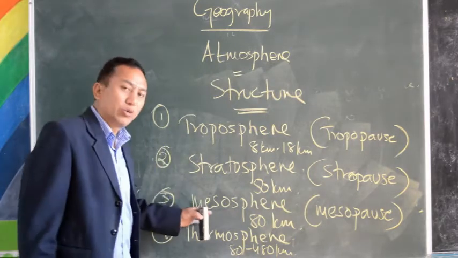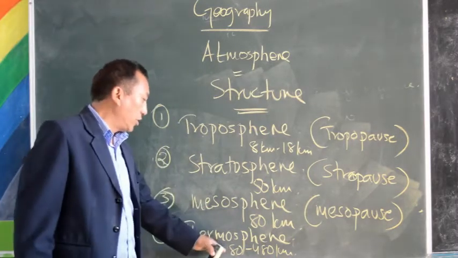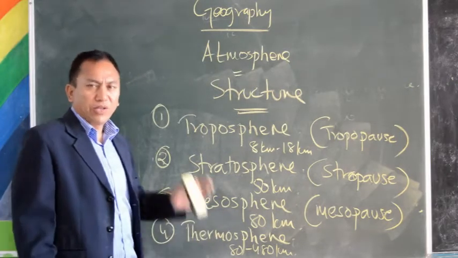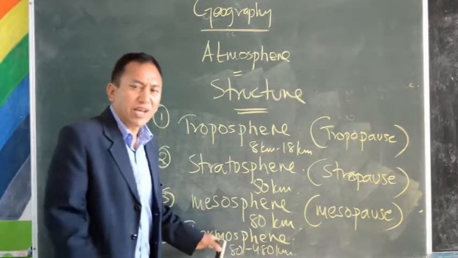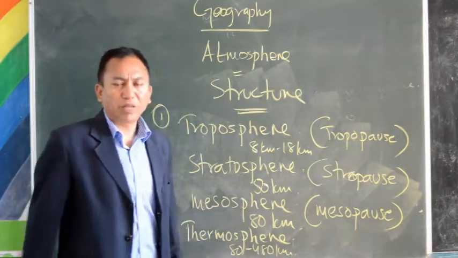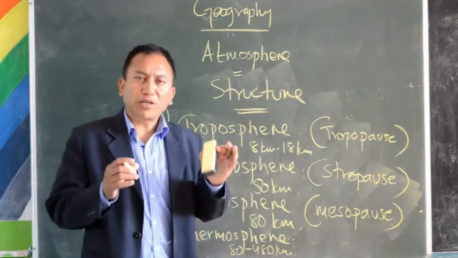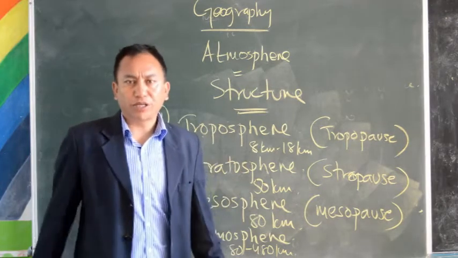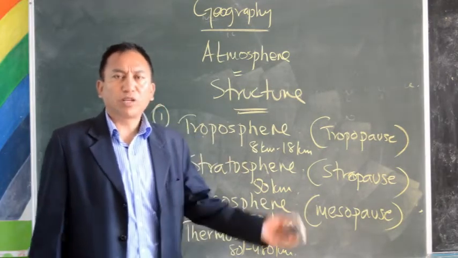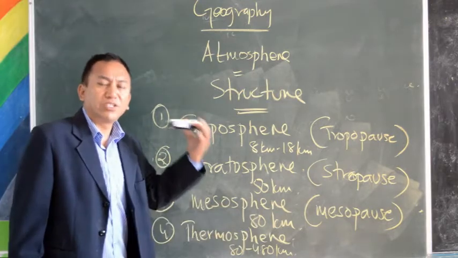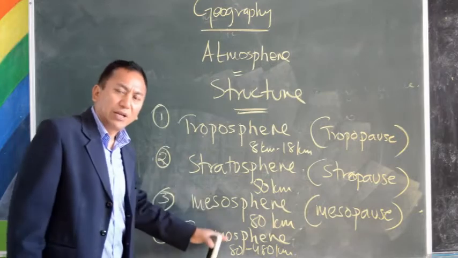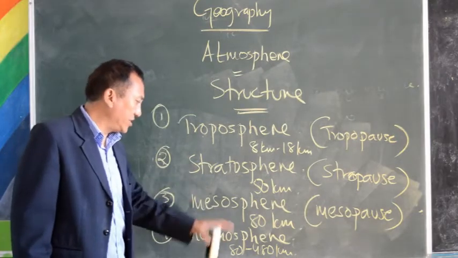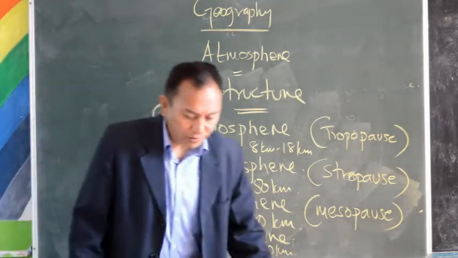Now this thermosphere is also very important because it has charged ion particles in this layer. These charged ion particles help in wireless communication. That is why it's so important. They help to absorb the signal, whereby helping in wireless communication. That is the thermosphere.